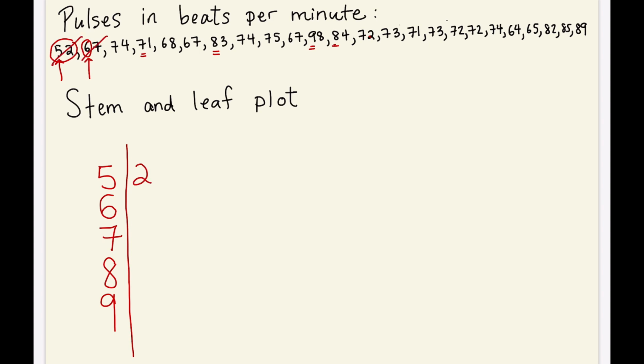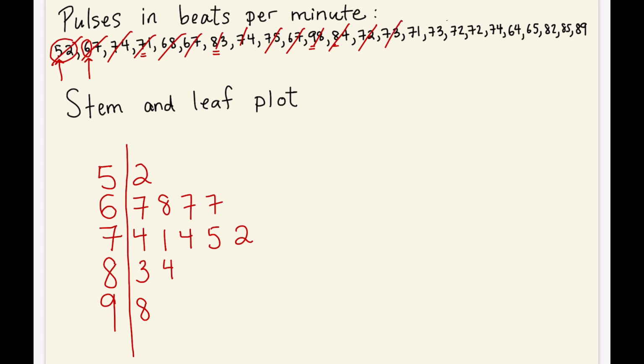Then for 67, I'm going to temporarily put the 7 here. 74, 71, 68, 67, 83, 74, 75, 67, 98. We have 84 here.